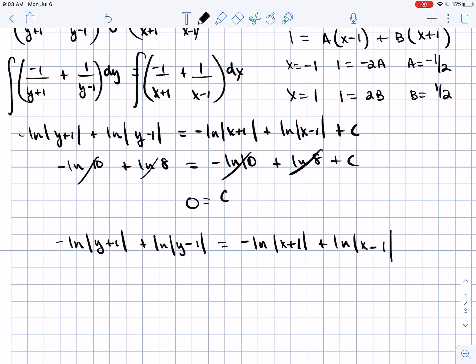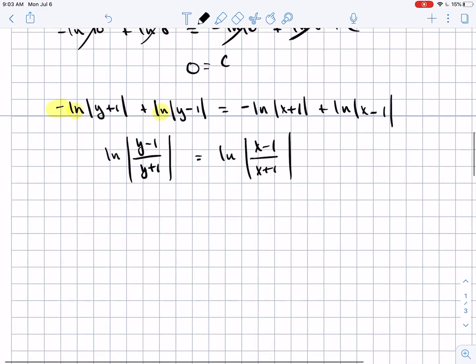All right, so let's see. Now, your property here, if you have a negative and you're subtracting natural logs, that's really like a division. So you're going to have ln of y minus 1 over y plus 1 equal to ln of x minus 1 over x plus 1.